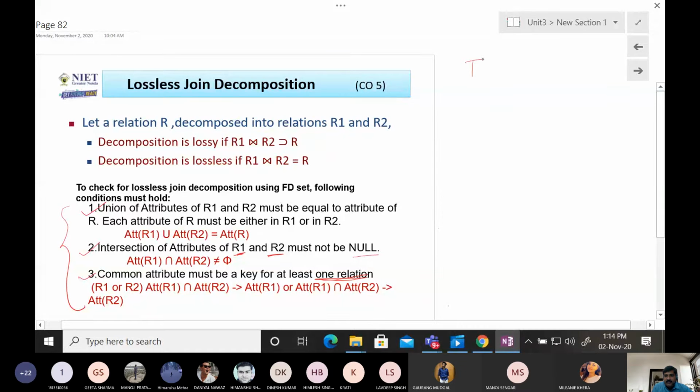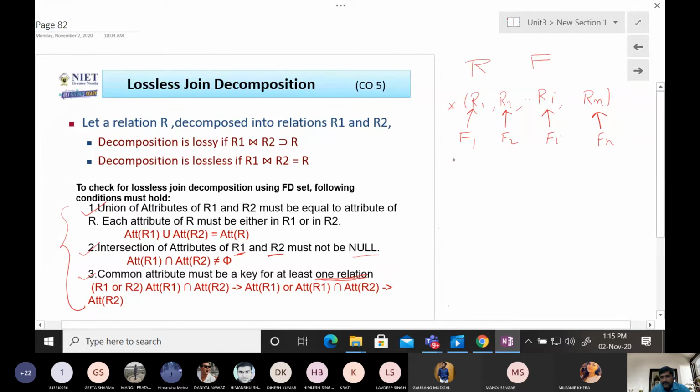Suppose we have relation R and the set of FDs that holds on R is F, and in this there are various dependencies: A determines B, AB determines C, D determines B. So F is the set of all the functional dependencies which hold on R. Now if we decompose R into R1, R2, Ri and Rn, suppose F1 is the set of dependencies which hold on R1, F2 is the set of dependencies which hold on R2, Fi holds on Ri, and Fn is the set of dependencies which hold on Rn.